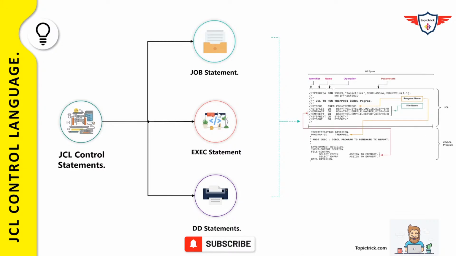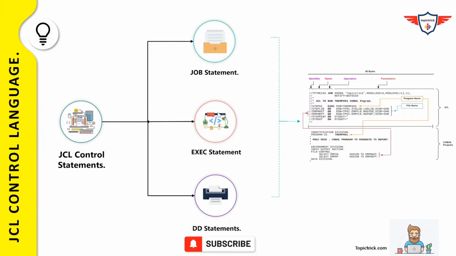In every job, the control statements are grouped into job steps. A job step consists of all control statements that need to run one program. So if you want to run more than one program in a single job, then you have to write a separate step for each program.